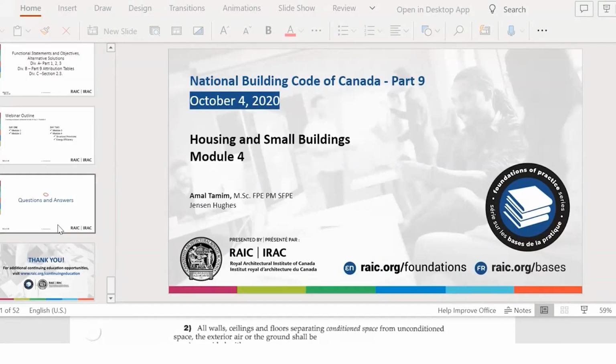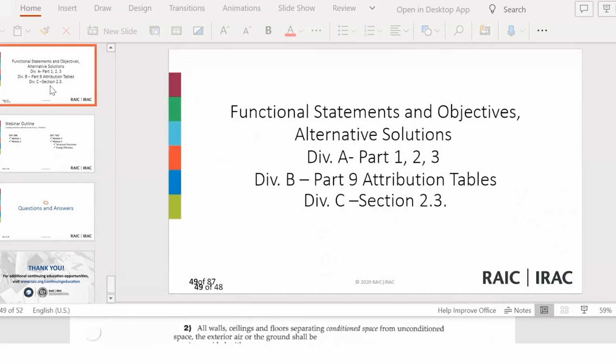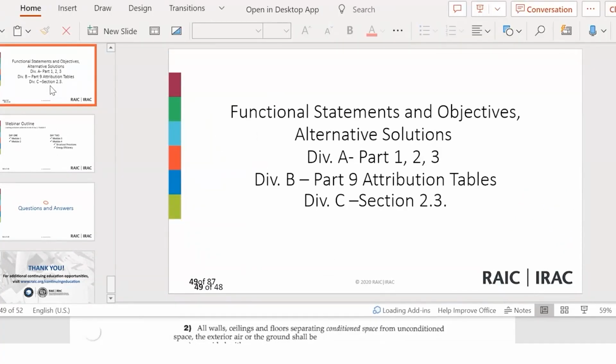Amal, I'm sorry for missing that, but can I ask, where did you find F92 again? Okay, yeah, sure.